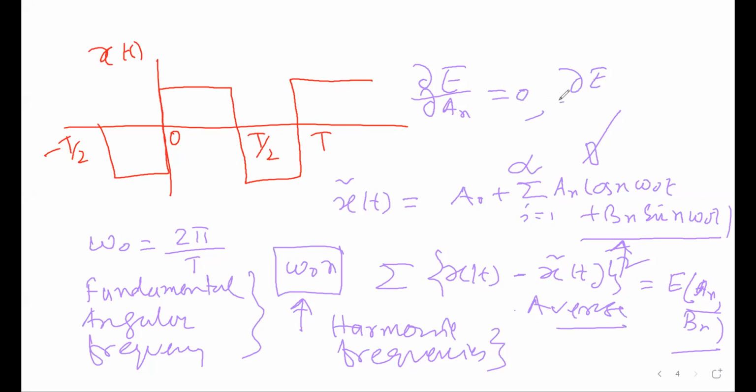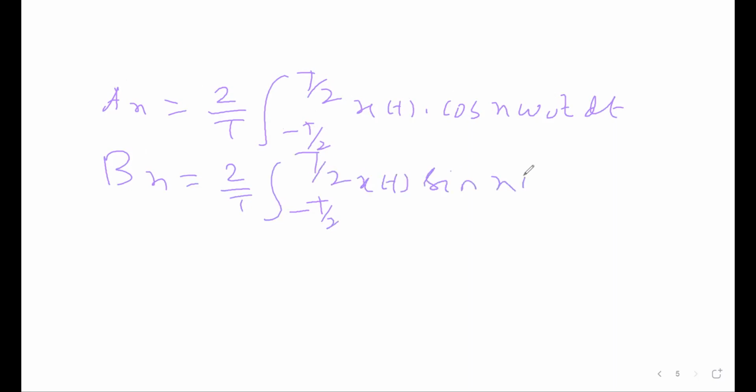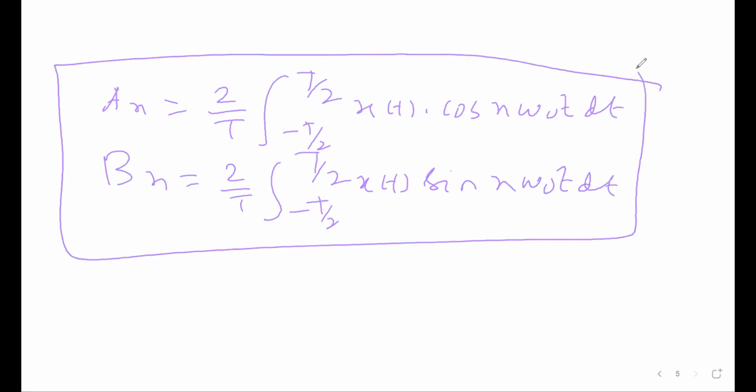Take the derivative of E with respect to bn, set it equal to 0. Then with that setting, you can obtain the value of an equal to 2 divided by T, integration from minus T by 2 to T by 2 of x(t) into cosine n omega 0 t dt, and your bn would be equal to 2 by T, integration from minus T by 2 to T by 2 of x(t) into sine n omega 0 t dt. I hope you derived this equation earlier in your mathematics course.